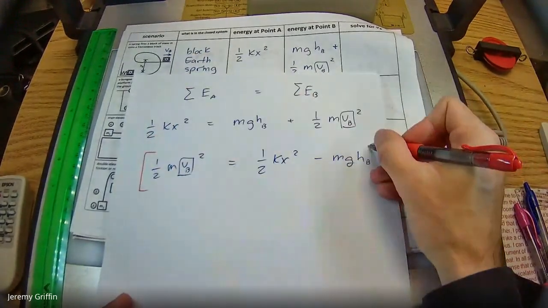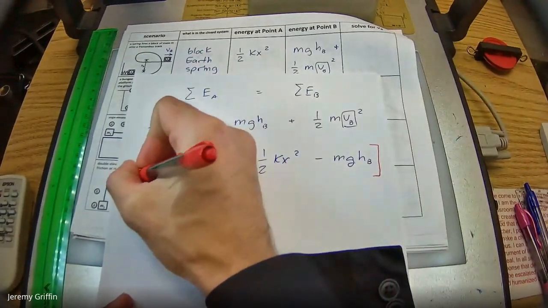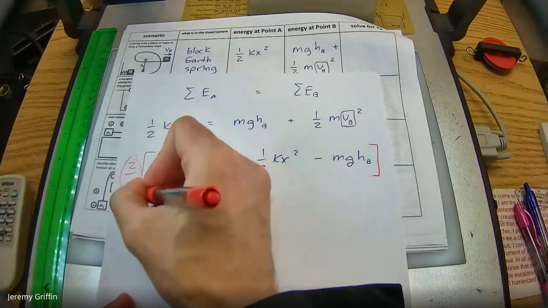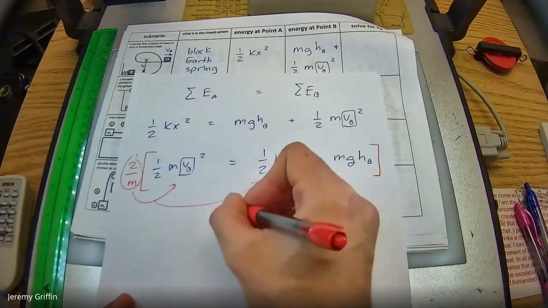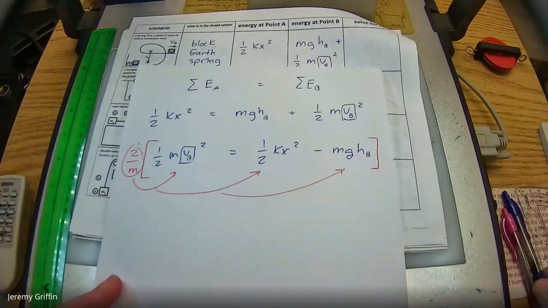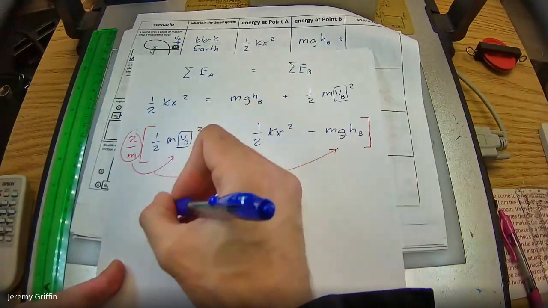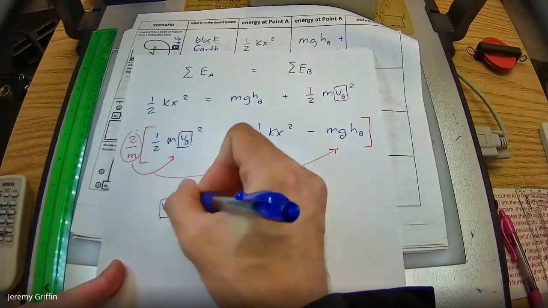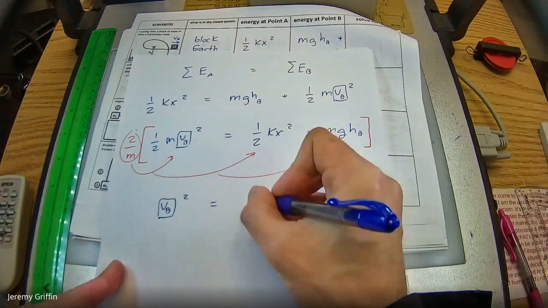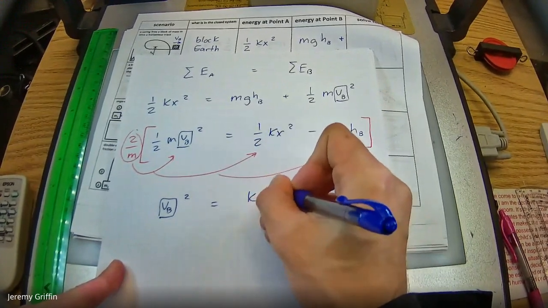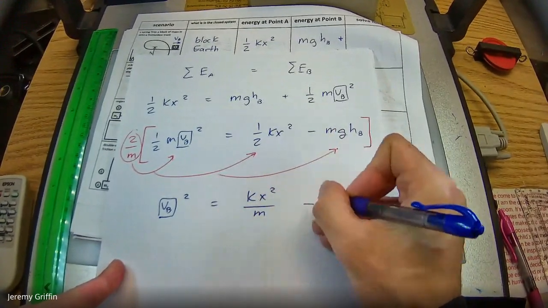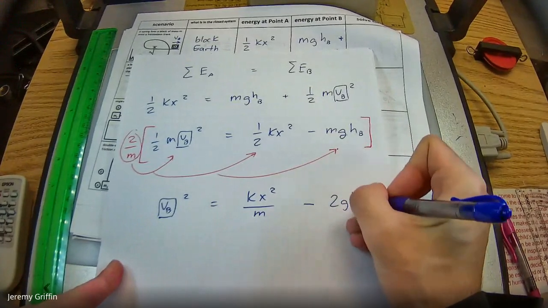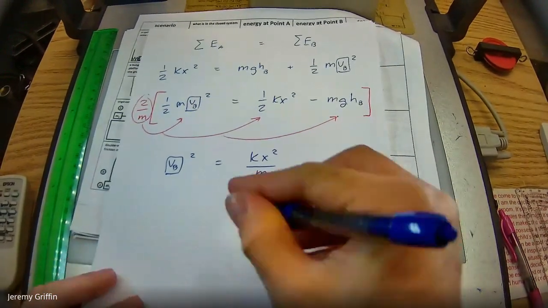I'm going to multiply everything by 2 over m. That will distribute into each of those three terms. That'll be vB squared is equal to kx squared on m minus 2gh. And then finally, square root.